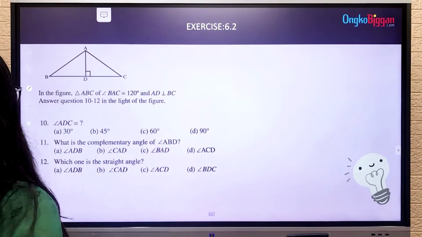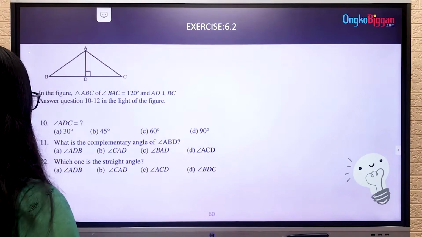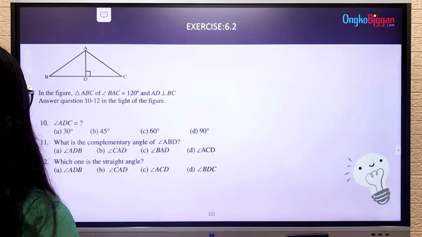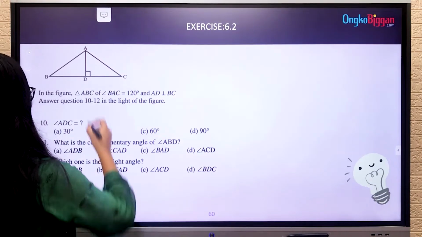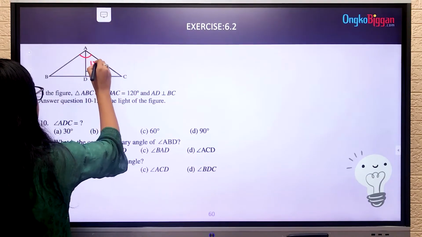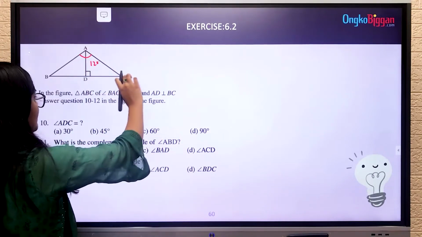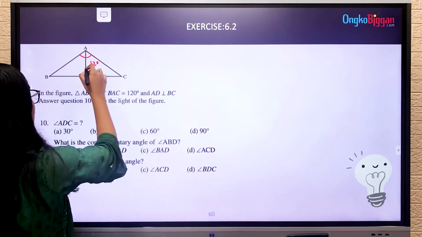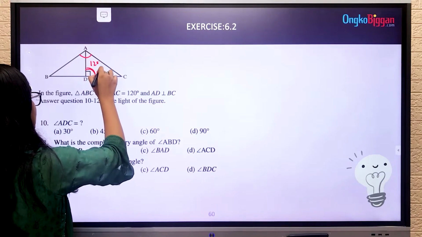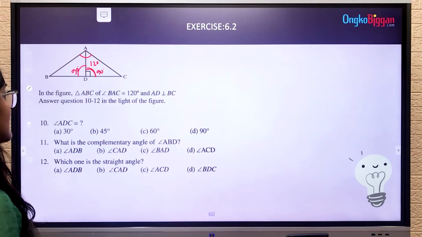Let's move forward. In the figure of triangle ABC, angle BAC equals 120 degrees. It's given that angle BAC equals 120 degrees and AD is perpendicular to BC. That means this angle is 90 degrees, and this angle is also 90 degrees, since they are perpendicular.